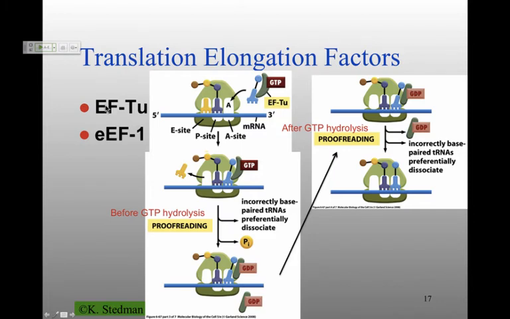So EF-Tu, for all kinds of historical reasons, is the bacterial version. The eukaryotic version is much more reasonable. It's just elongation factor 1. Of course, it's the eukaryotic elongation factor 1.